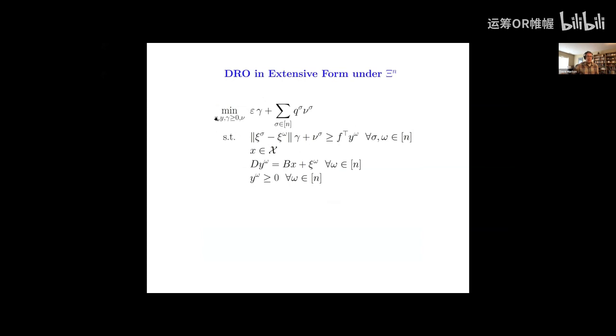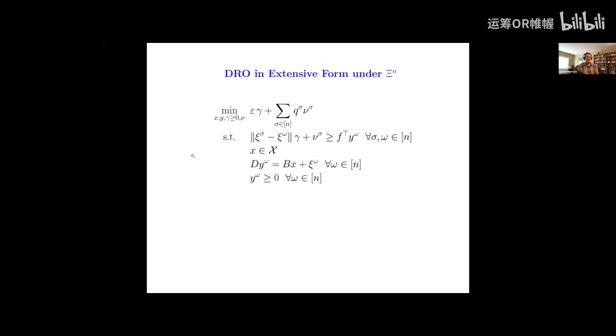But now we opened it up to bring in the outer minimization over X. So now we're minimizing over X and Y simultaneously. There's the auxiliary dual variable gamma, which was the scalar variable on the radius constraint. And then there were the auxiliary dual variables nu that we saw before, which are basically saying, what's the value function under each realization sigma?